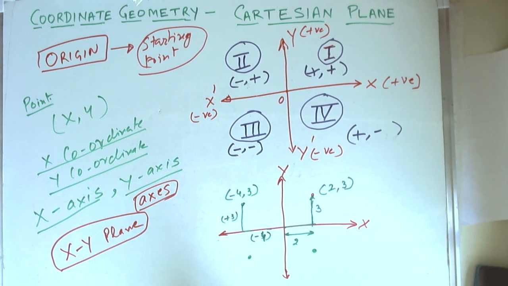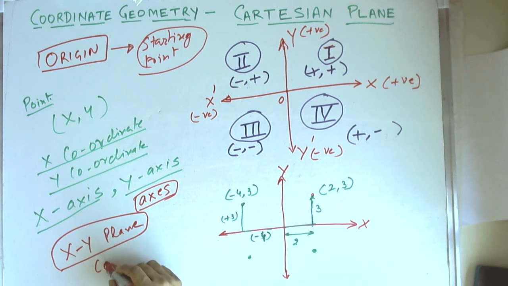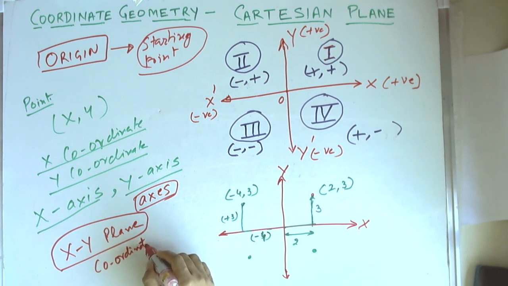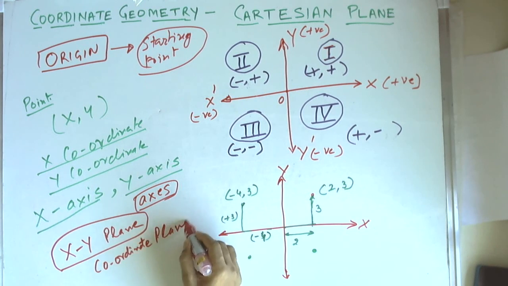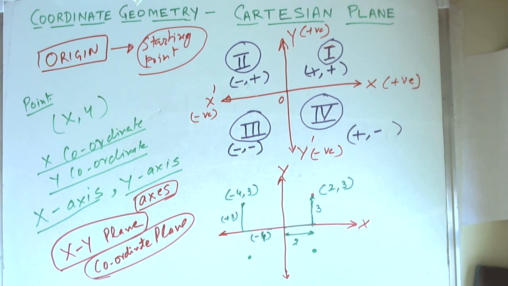And because it also uses coordinates, sometimes people also call it coordinate plane. So these are the two other names for Cartesian plane. Don't confuse them. They are names for the Cartesian plane only.